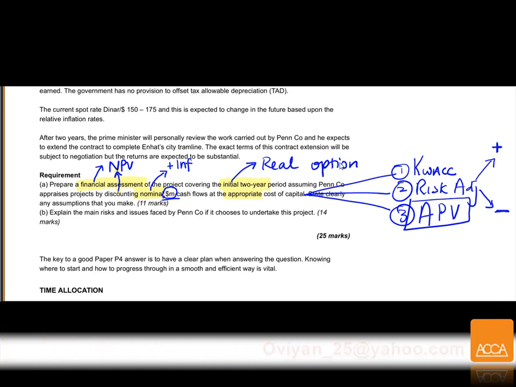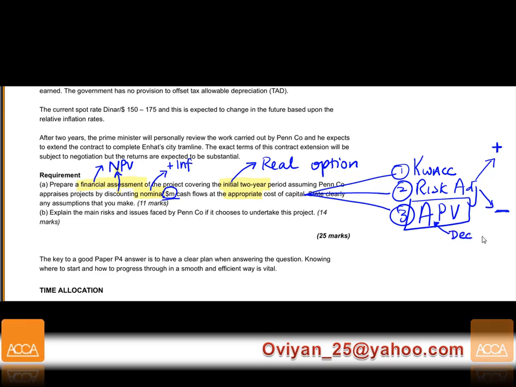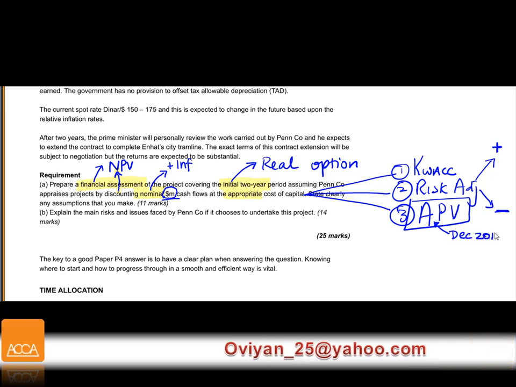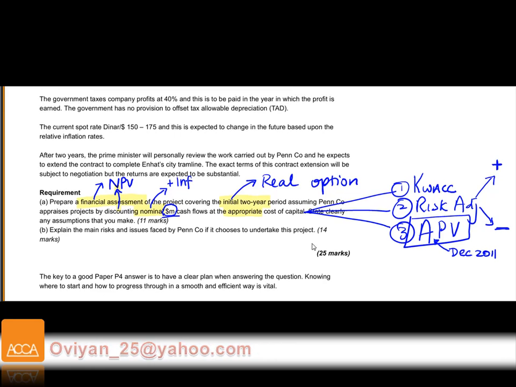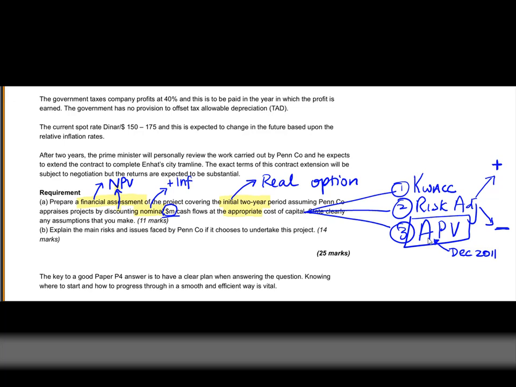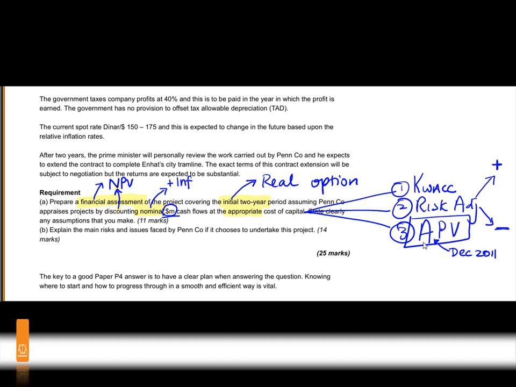It doesn't matter. So when your finance is changing, we consider APV. It would be good if you have time to go and see the question on December 2011. There's a question on this foreign investment dealing with APV.